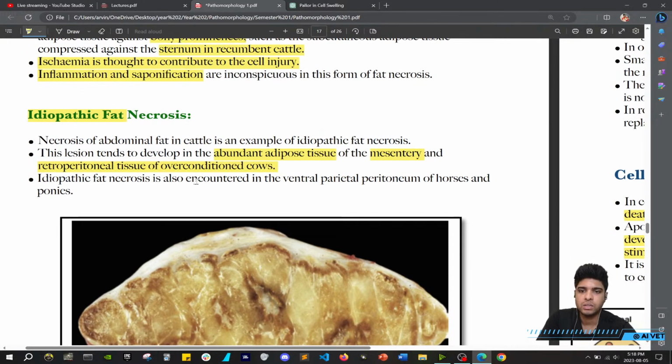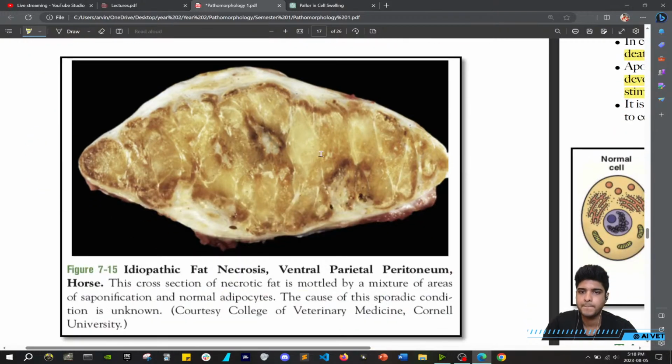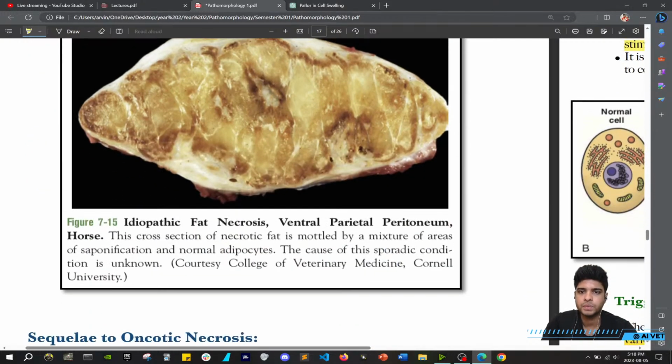Idiopathic fat necrosis is also encountered in the ventral parietal peritoneum of horses and ponies, so the underbelly. Okay, this is how it looks.